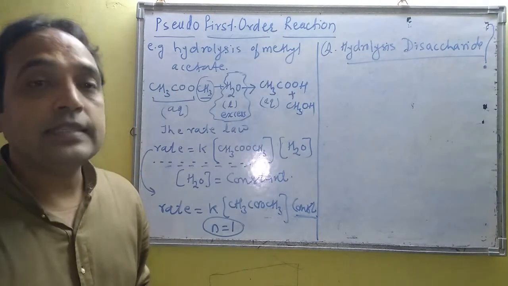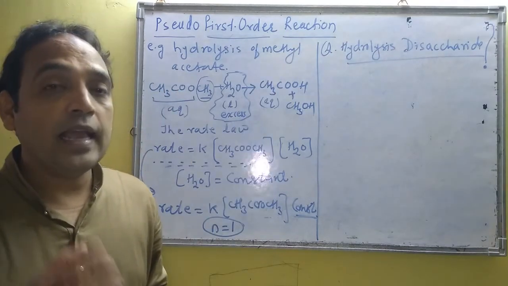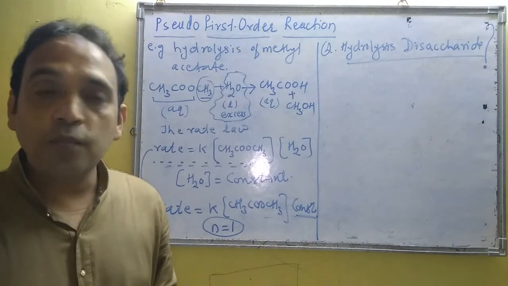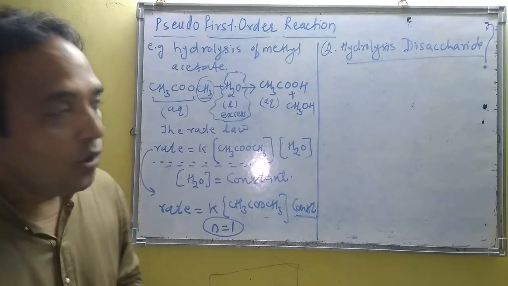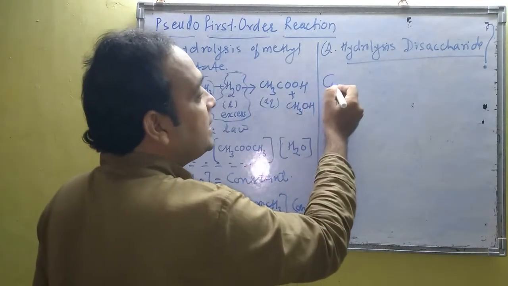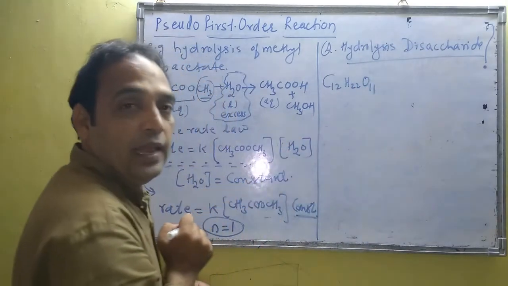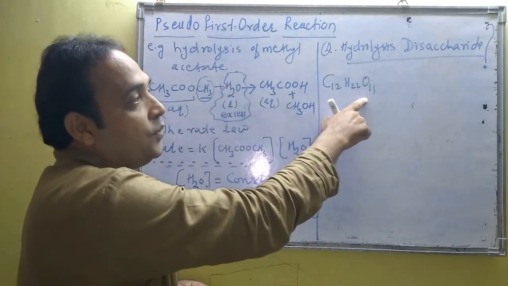Now, what is disaccharide? Monosaccharides like glucose and fructose. The molecular formula of a monosaccharide is C6H12O6. The molecular formula of a disaccharide is C12H22O11.